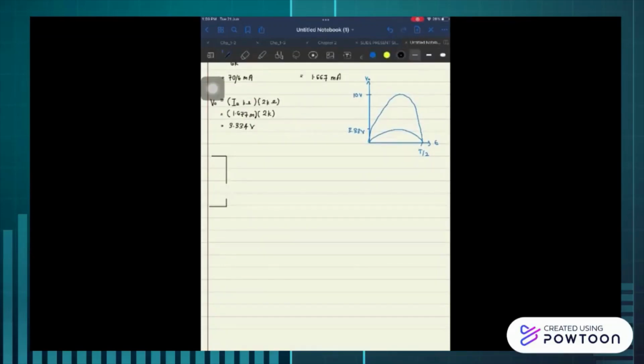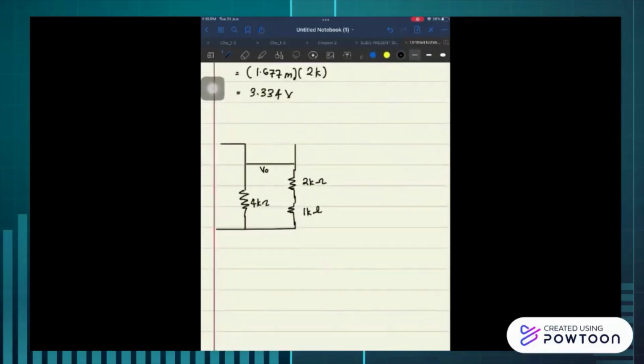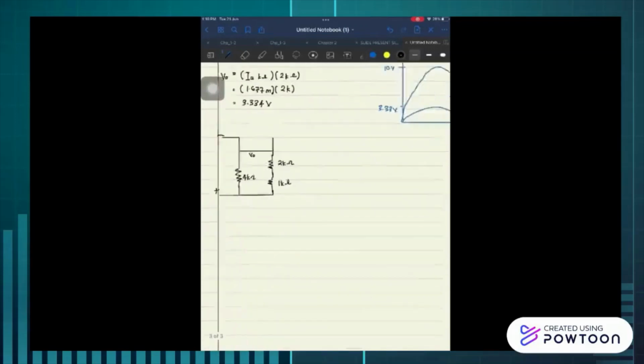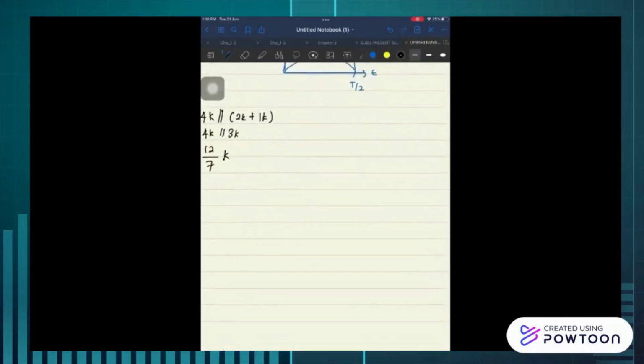With that information, we can now simplify the circuit for positive cycle and calculate the value for R total and I total. By finding that, we will be able to find the value for current at 2K resistor. By finding that, we can calculate the voltage output for the positive cycle, and a graph can be shown to illustrate the data that has been acquired.